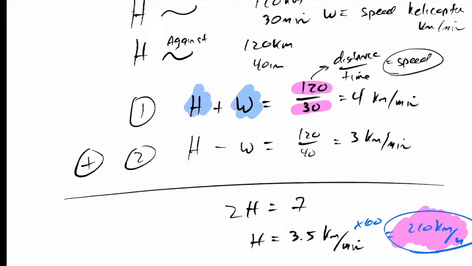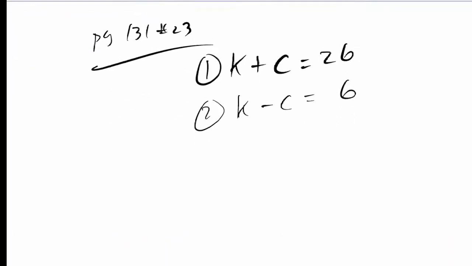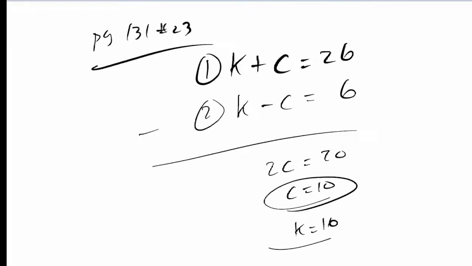We had to divide it out to get our speeds. We do not have to do that here because they gave us the speed directly. Is that okay, Gurman? And then you can solve easily however you like. You can subtract. So C is 10 and K is 16.